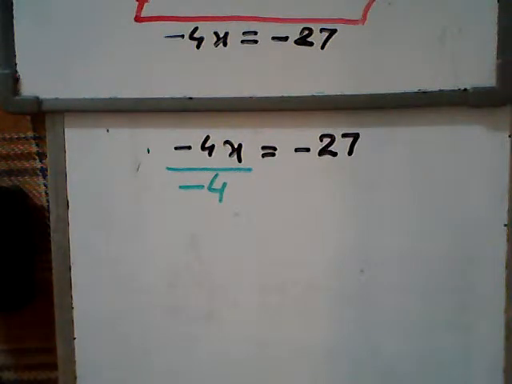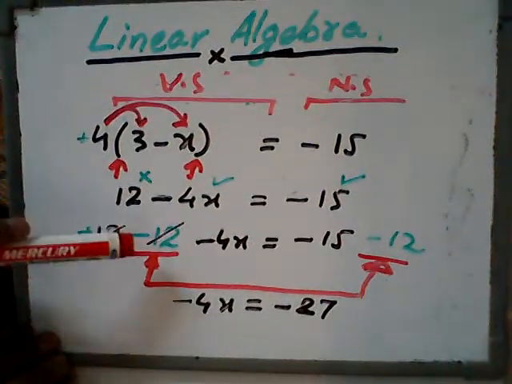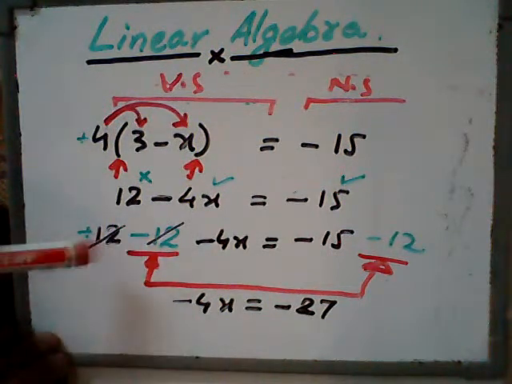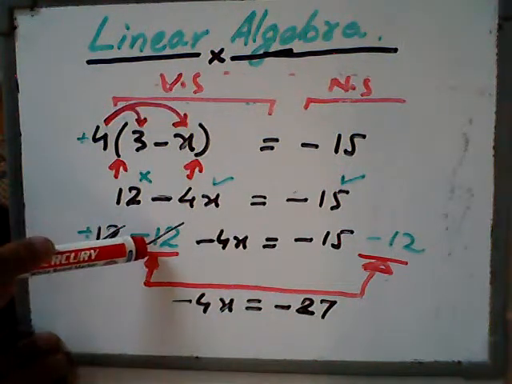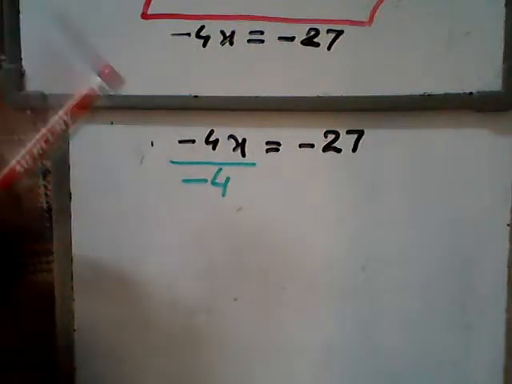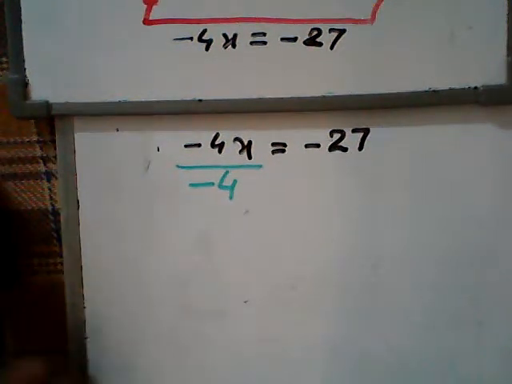So removing the number, previously we could say that we removed the number with the opposite sign, but the number with the variable will be removed with the same sign, okay.